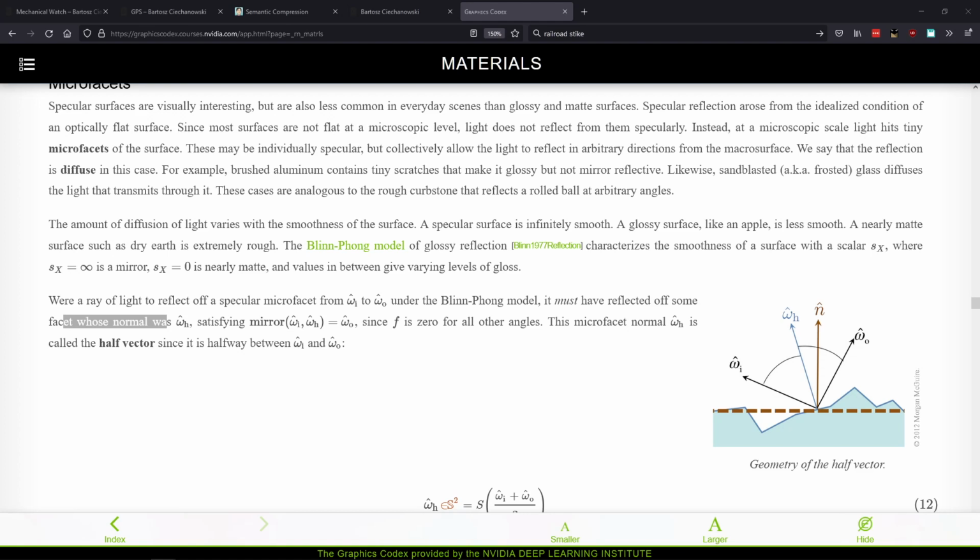So I'm looking at a chart of IORs, and it says glass is like 1.5, and water has 1.325, whereas air is 1. And so maybe it was clear because there was a step change from 1 to 1.3 and then 1.3 to 1.5.